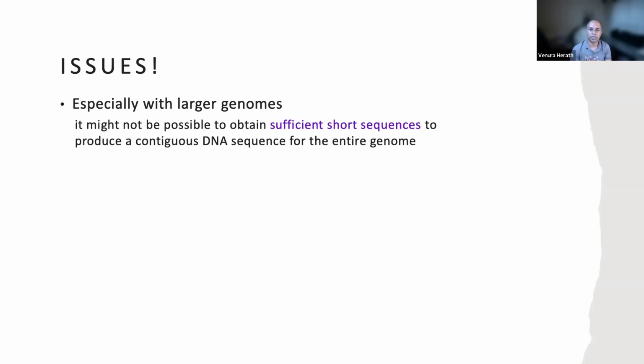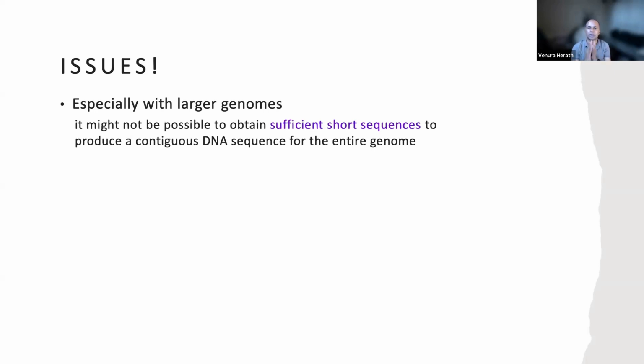Okay, but as I mentioned earlier, there are issues, especially if you're working with large genomes. Imagine it might not be possible to obtain sufficient short sequences to produce a contiguous DNA sequence for the entire genome, because our genomes are huge.